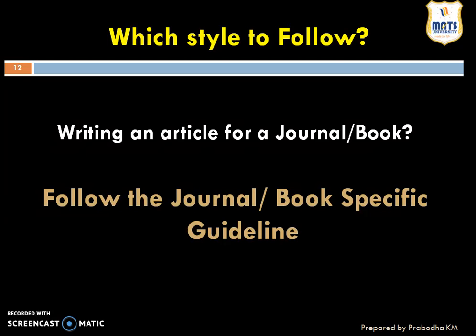Every journal, every book has its own specific guideline. Some might be following APA style, some might be following MLA style, but we have to follow that journal specific or book specific guideline to write our scientific articles prior to submission or publication in that specific journal and book.